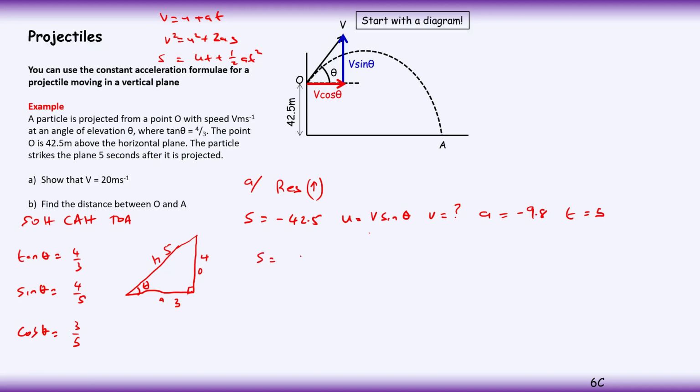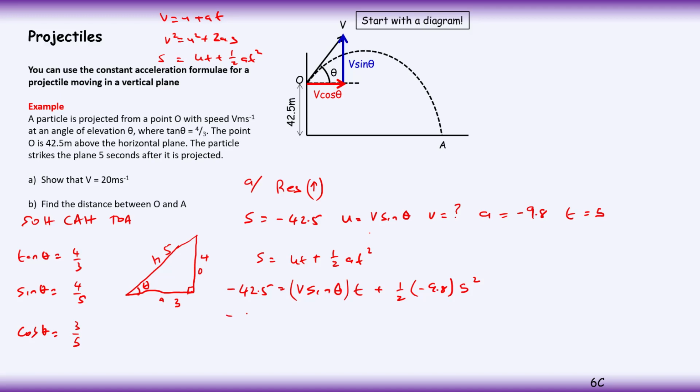S, u, a and t, which means I can use this equation. s is equal to ut plus a half at squared. Okay, so subbing in what I know, s is minus 42.5. u is v sine theta. I'll keep it as sine theta for now, I'll change it in a second. Times t, plus a half, a is minus 9.8, times t squared, so that'd be 5 squared.